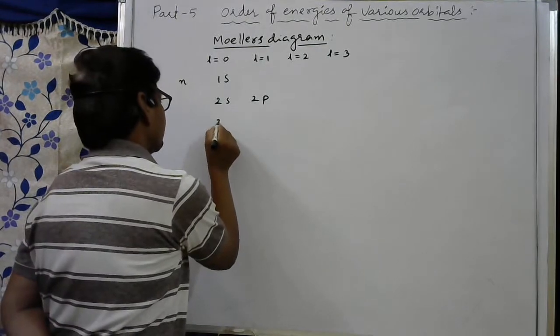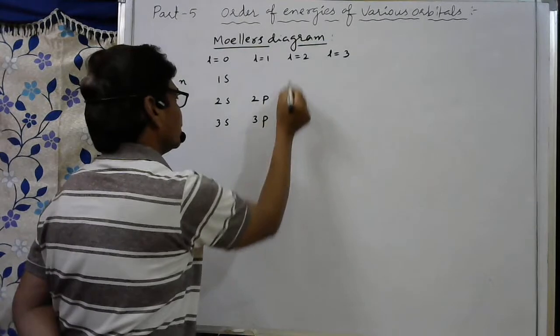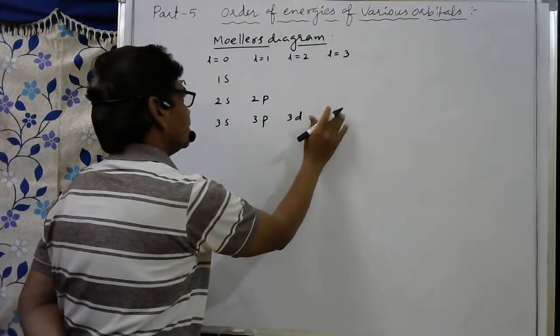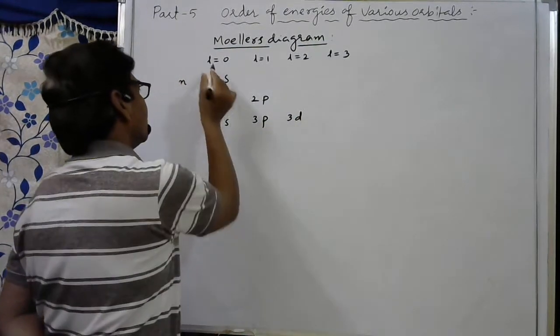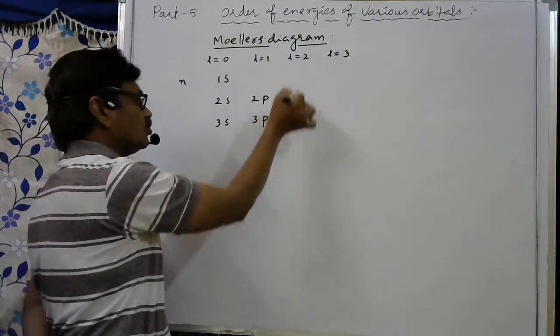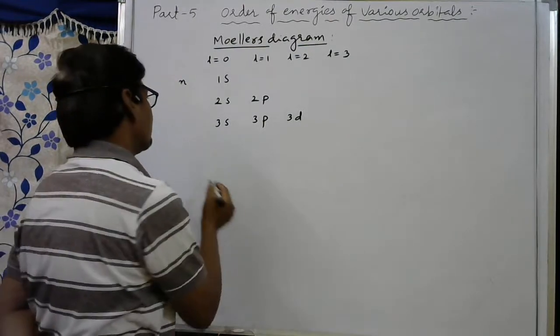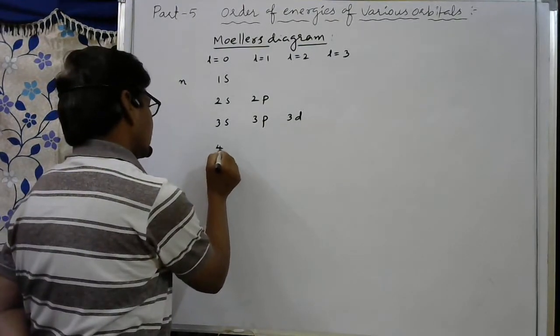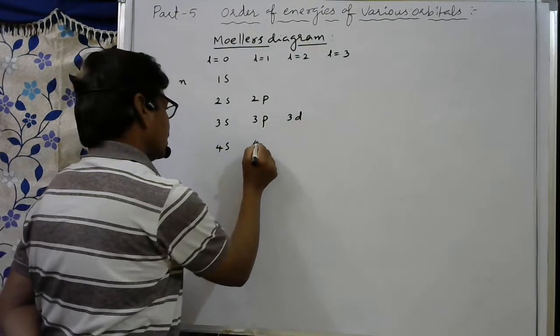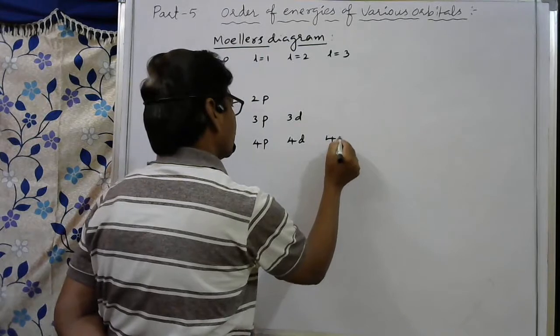For the third shell, 3s, then 3p, and here we can write 3d. Here there is no f orbital, because l equals 0 means s orbital, l equals 1 means p orbitals, l equals 2 means d orbitals, and l equals 3 means f orbital. The f orbital starts from the fourth shell, so we have 4s, 4p, 4d, and 4f.